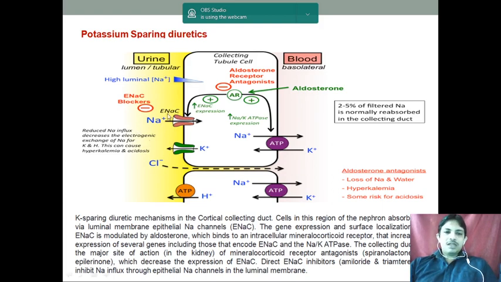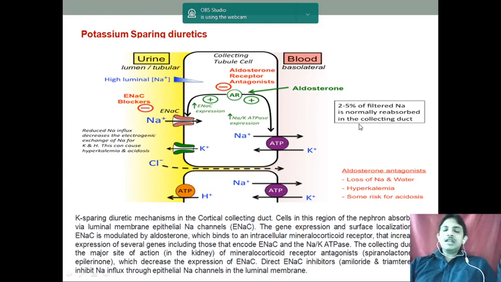Now if this channel is blocked, what will happen? No sodium, or very little sodium, will be available to reabsorb. That means they are inhibiting reabsorption by blocking the sodium channel. So more sodium will be excreted, and more water will be excreted.